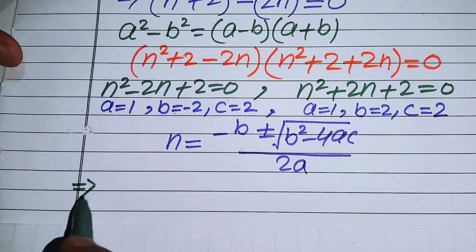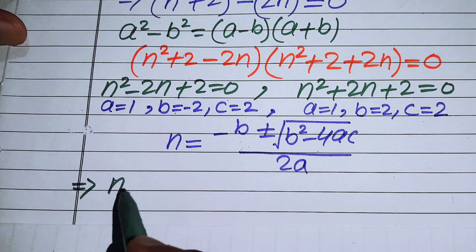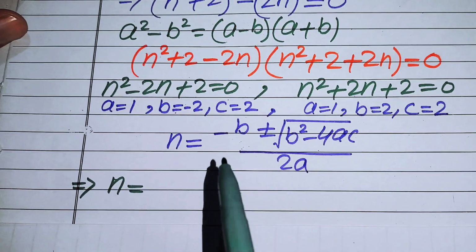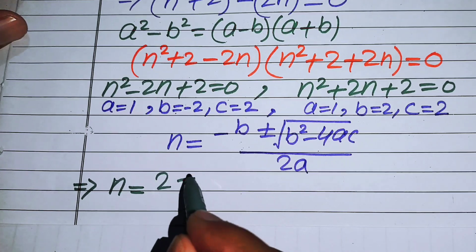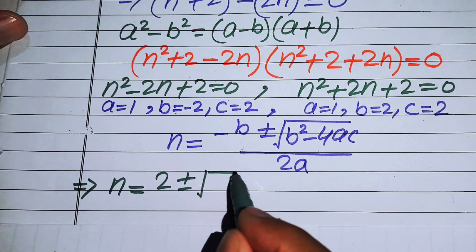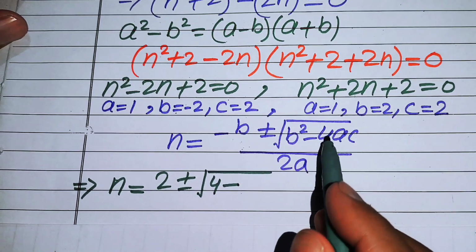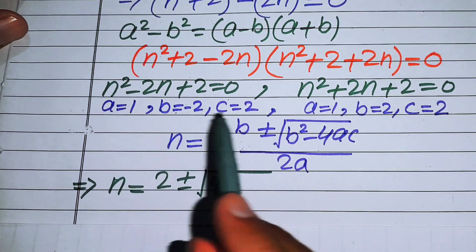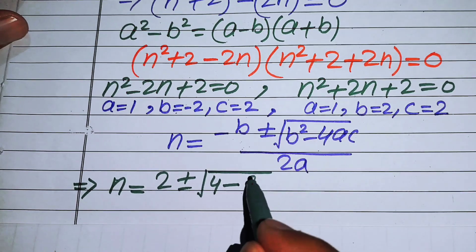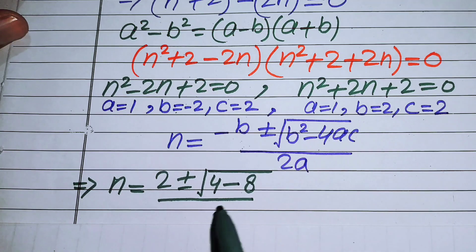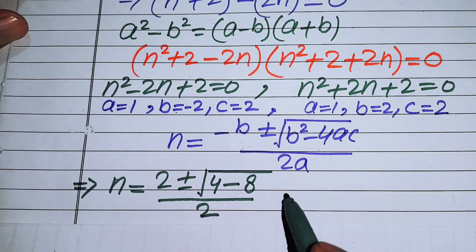Then you will obtain n equals minus b, and the value of b is minus 2, so it becomes plus 2, plus minus square root of b squared, which is 4, minus 4 times ac. A is 1 and c is 2, so 4 times 2 is 8, and this whole expression is under the square root.